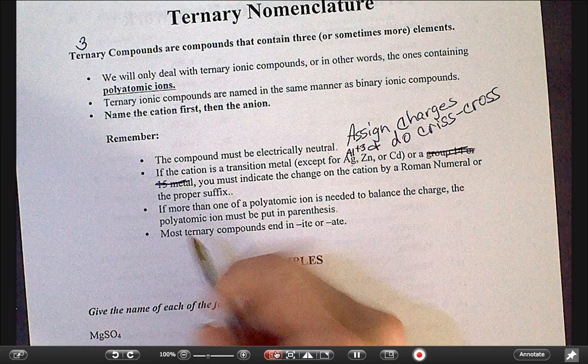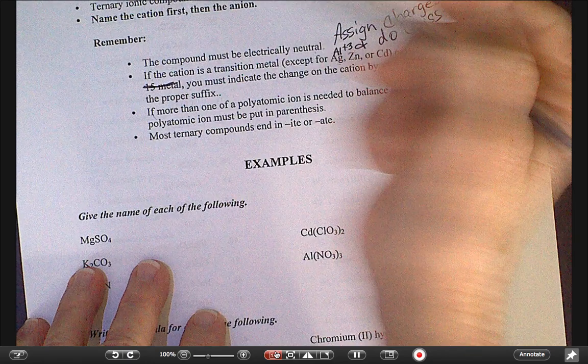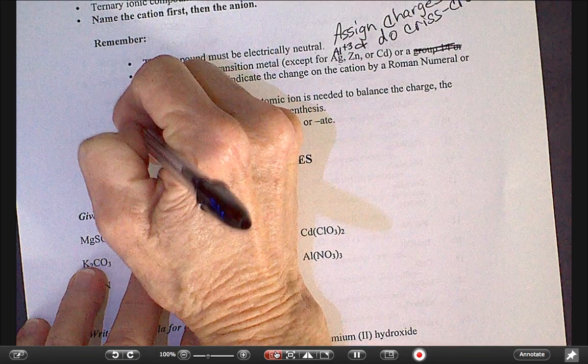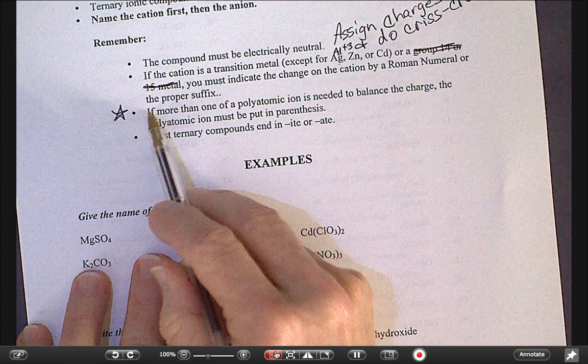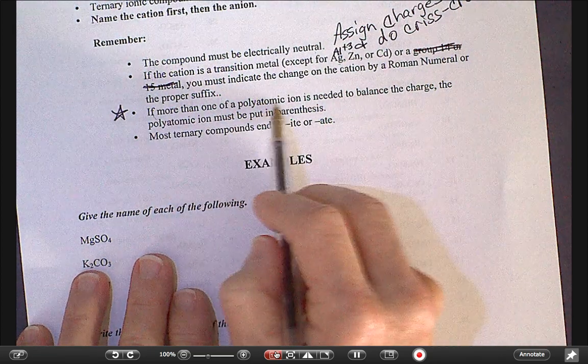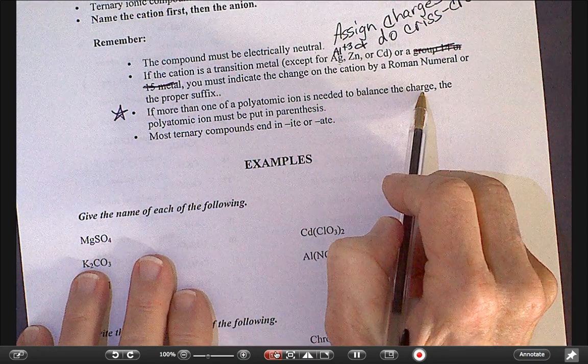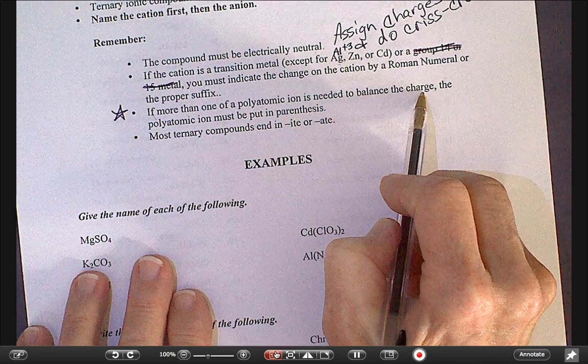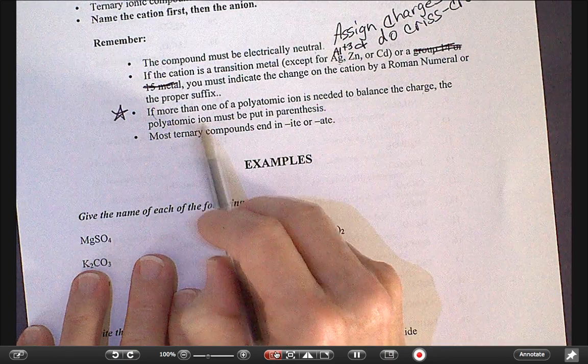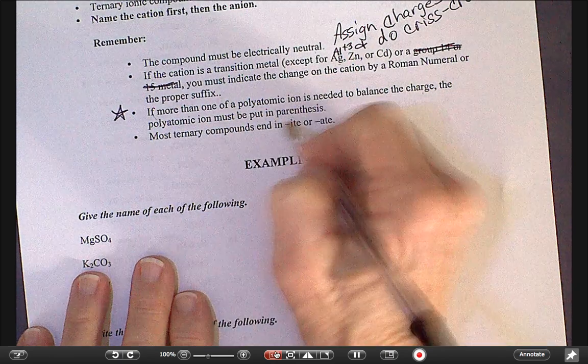Now this is critical. Star this bullet right here. This other stuff you already know. Okay, if more than one of a polyatomic ion is needed to balance the charge, that means when you crisscross more than a 1, the polyatomic ion must be put in what?